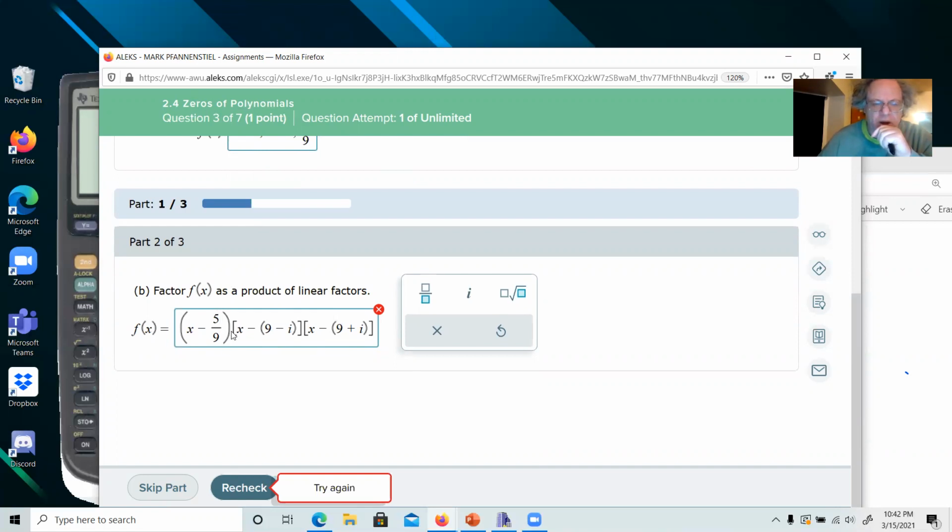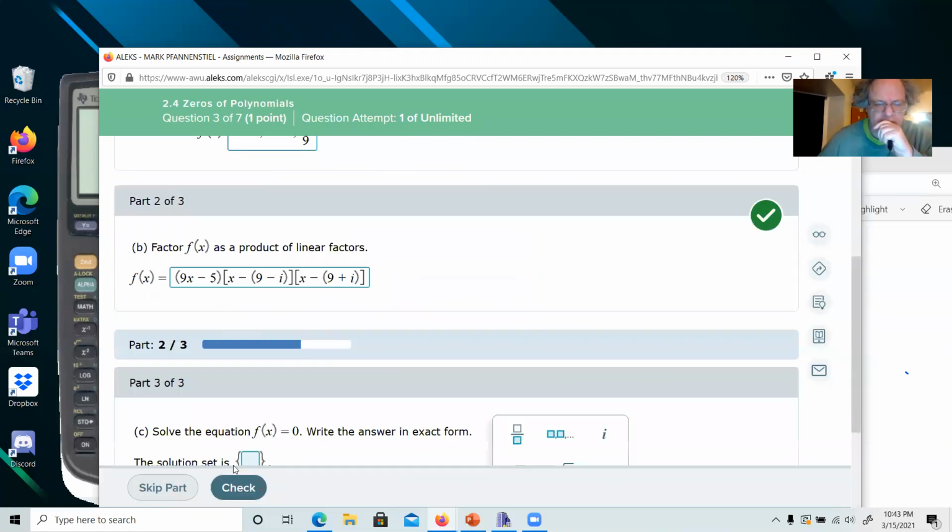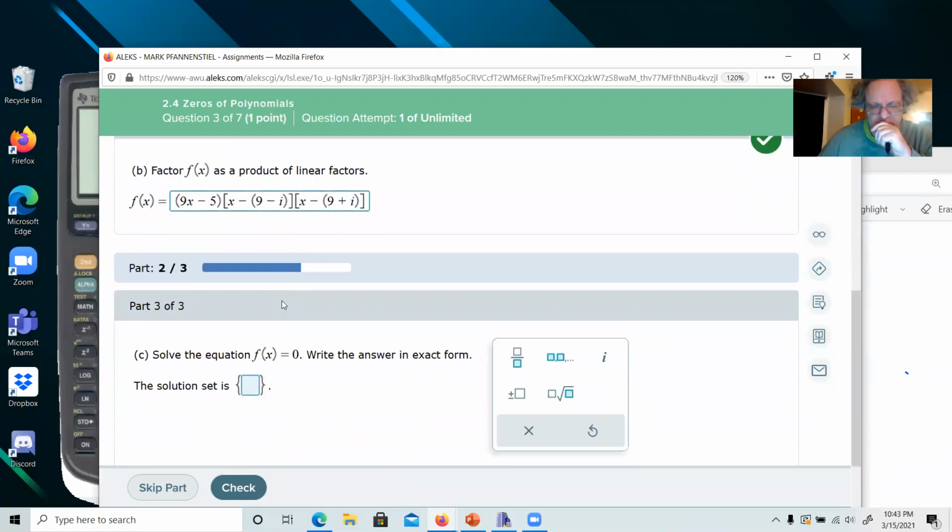Well, as a product of linear factors, I don't know. That might be a 9 minus 9x minus 5 here. All right, let's see about that. Oh, so that was the right answer. Okay, there we go. So yeah, you have to be careful about how they're going to want this phrased.